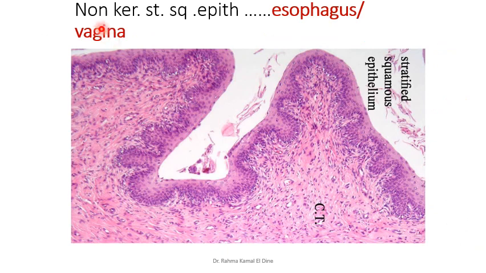Again, non-keratinized stratified squamous epithelium: how do I know? Clear, wavy basement membrane, many layers of nuclei of different shapes, first oval, then rounded, then flat. So it is either esophagus or vagina.